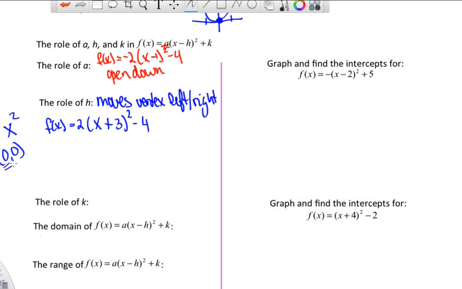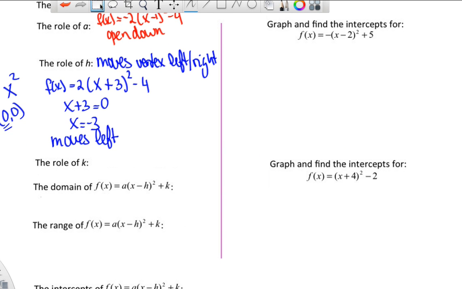So you want to know, relative to that, what does x plus 3 do? In essence, you want x plus 3 to equal 0. That's sort of where this parabola centers. So that actually makes it go to negative 3. So if you have a plus 3 here, then it actually moves left. So it's backwards from what you would think.